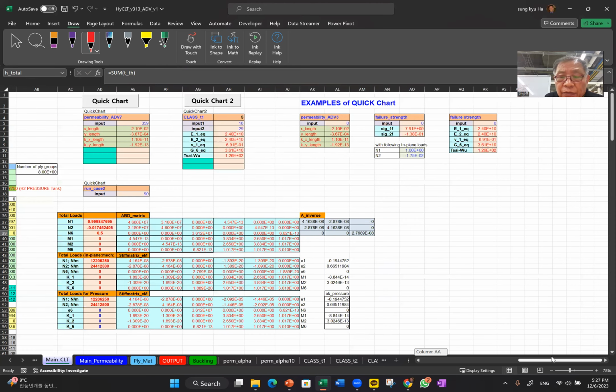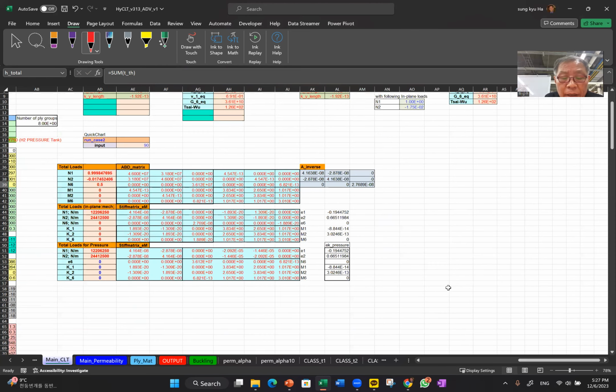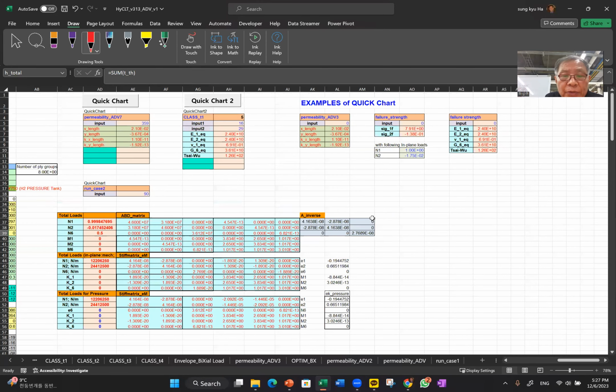It can also be used for other applications, such as optimization.